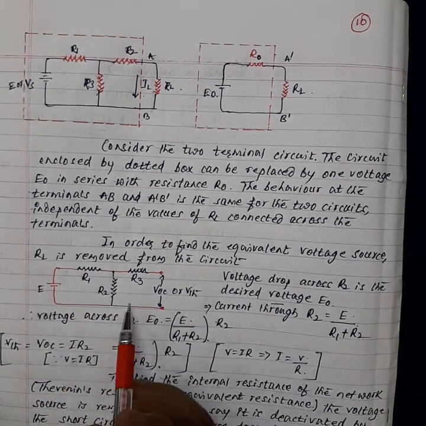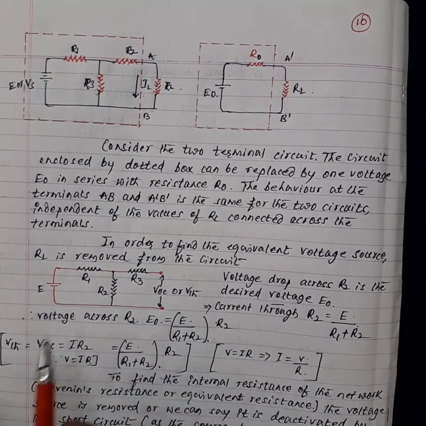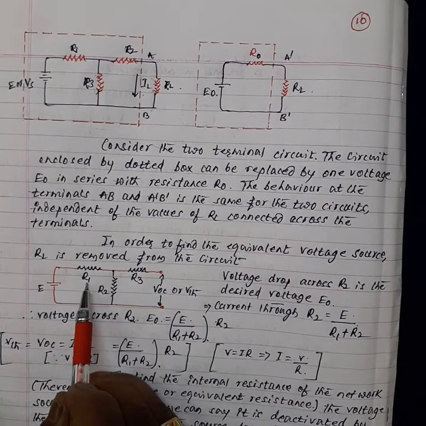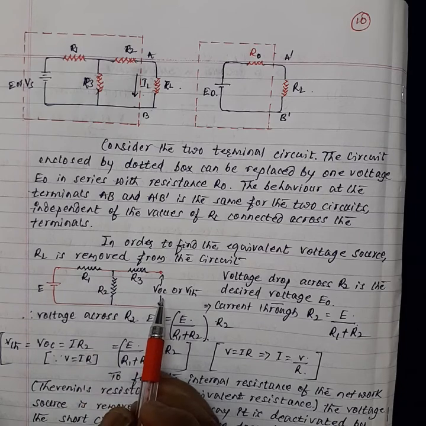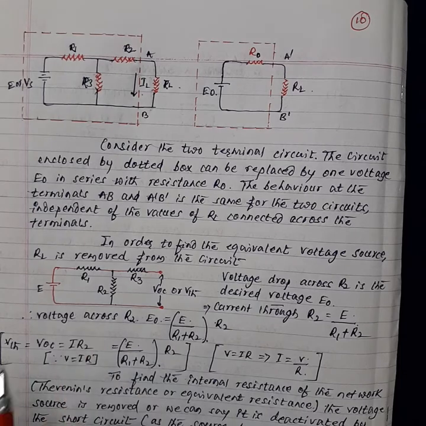Now after removing the RL, it looks like this. So E, the source, R1, R2 and R3 with the output voltage. Here are the resistors which are connected.